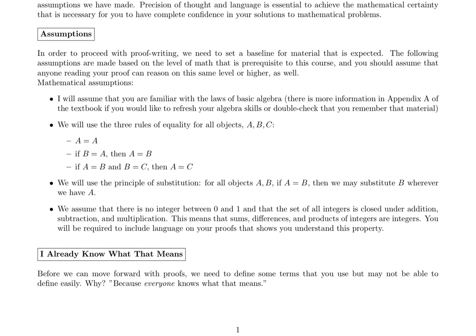So the assumptions that we can make in this class are as follows. Appendix A of the textbook. So what is in Appendix A? That's all your basic algebra properties. So we're going to assume that both you and the reader are familiar with the laws of basic algebra, and we're also going to say that we can use the 3 rules of equality. A equals A. If B equals A, then A equals B, right?